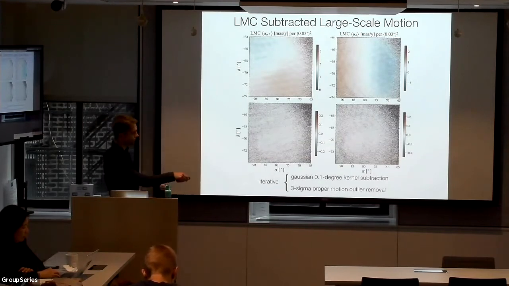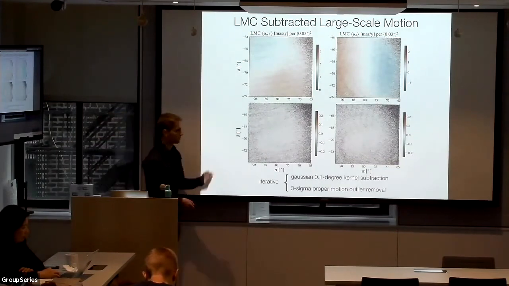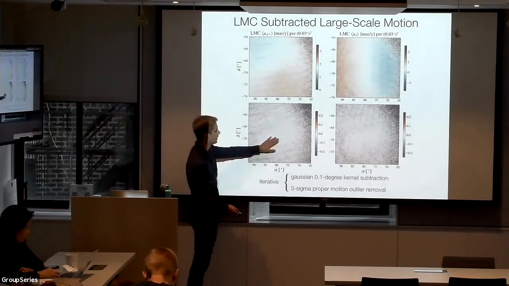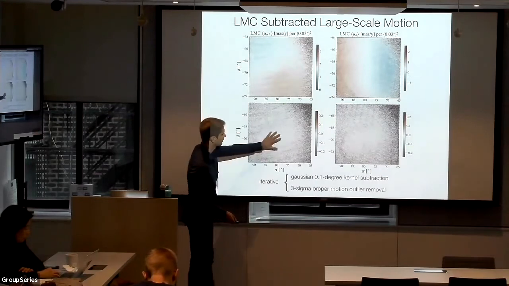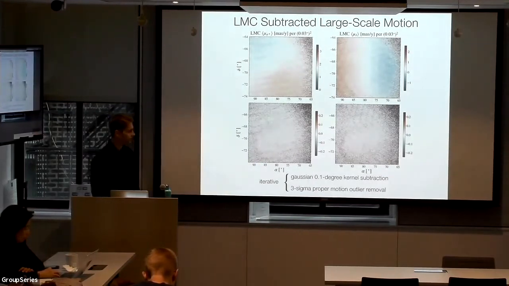But if you subtract this motion with some smooth, relatively large Gaussian kernel, you can get essentially a 0 proper motion field here that's basically just white noise. And of course, the noise is smallest here in the center, because we've been binned by pixels, so things average out in the middle.